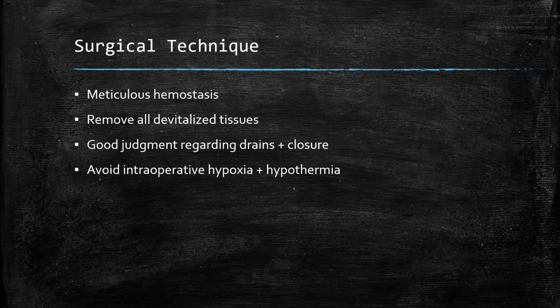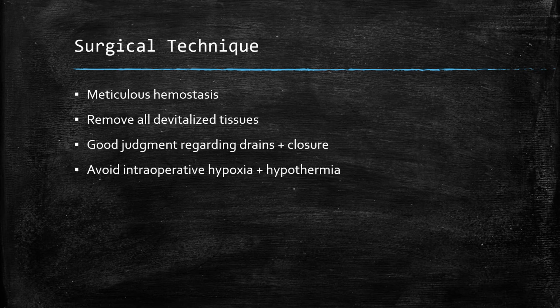Surgical technique is vitally important to reduce the incidence of wound infections. The presence of blood, necrotic tissue, and suture material all reduce the numbers of bacteria necessary to cause an infection. And so attention to detail is really important here.